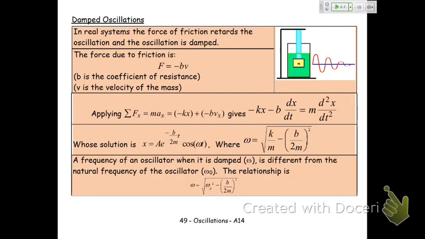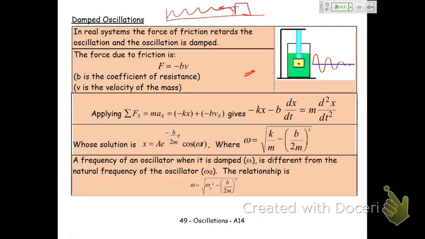We have the sum of the forces equals ma. And let's have a look. I know also that the force is equal to minus kx. Well, there's two forces on this, isn't there? There's the restoring force of the spring. Let's say I come out here and I'm in the bottom of a syrup tank.